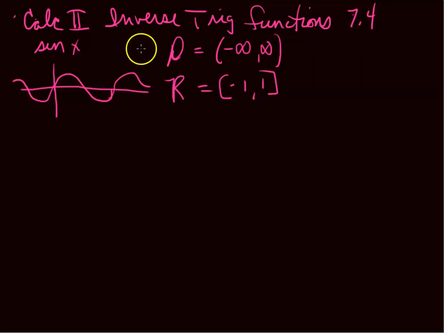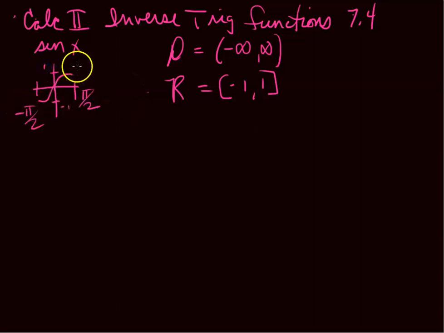So we're going to chop off everything to the right and everything to the left where this turns around, so to speak. So this will go up to pi over 2 and back to negative pi over 2. It'll still give you the negative 1 to 1.